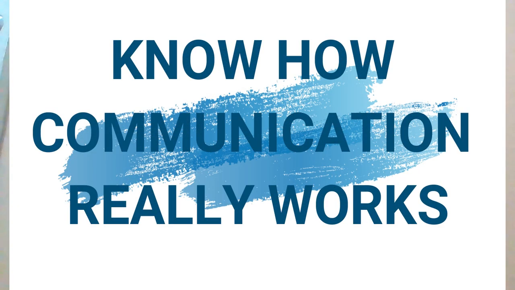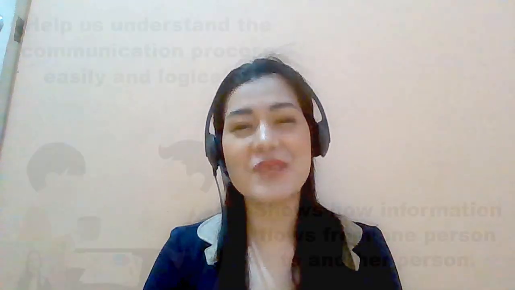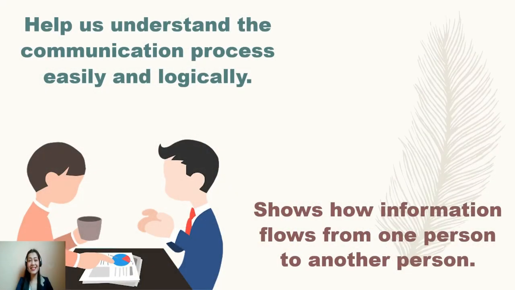So if dili ka ganahan mabuwagan, you really have to know how communication really works. So that's why we have here the different communication models so that you will be guided on how to communicate with other people.